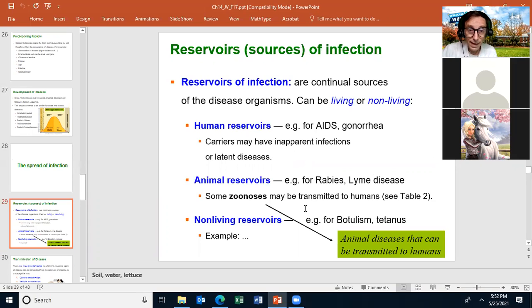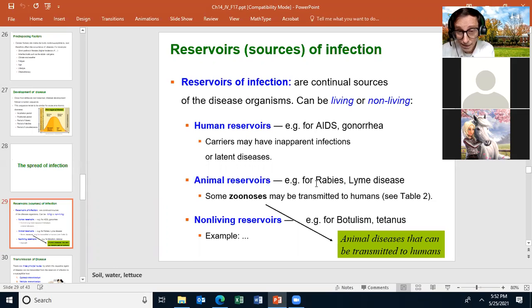Some diseases can come from animal reservoirs. Some diseases only come from animal reservoirs. A classic example is rabies and Lyme disease. We only get these from an animal reservoir. If you don't know, when a human gets rabies, it's a dead end.